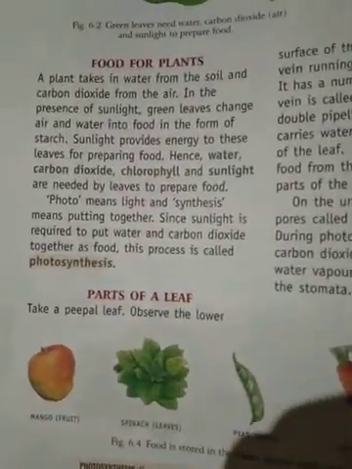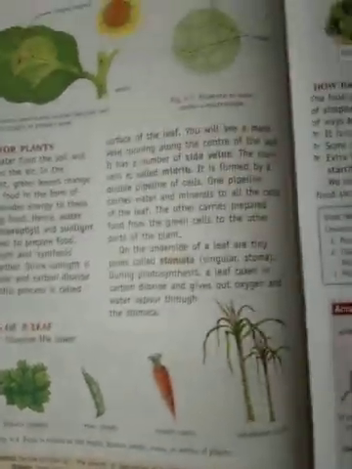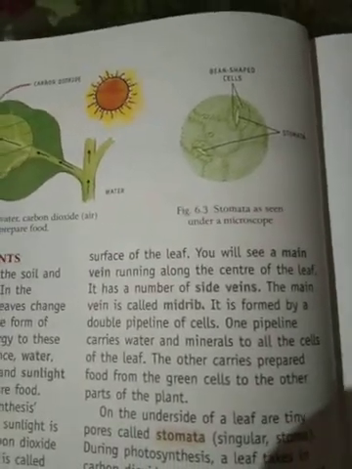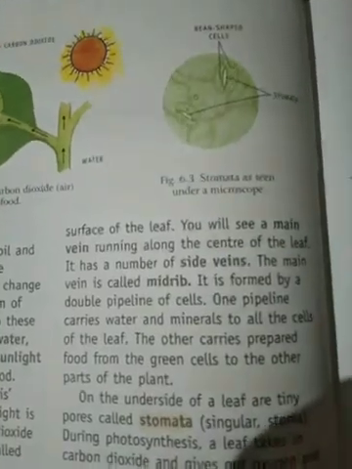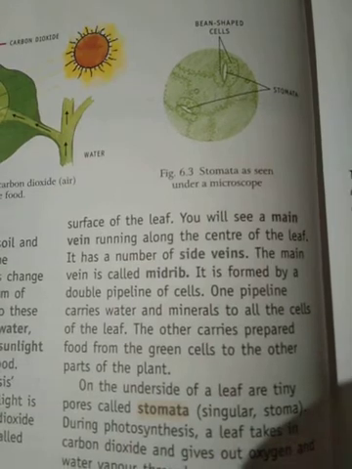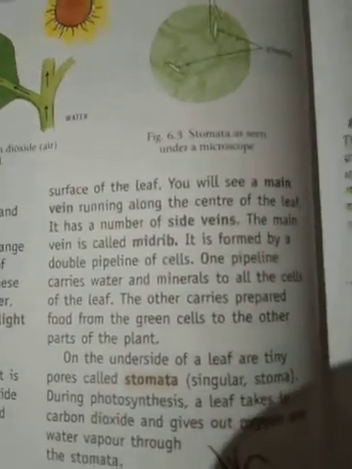Now we will discuss this point. Take a peepal leaf, observe the lower surface. This is the peepal leaf, you can see. Now you are asked to see the lower surface of the peepal leaf.